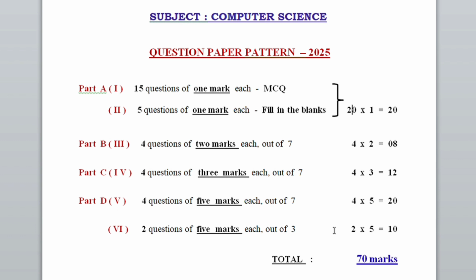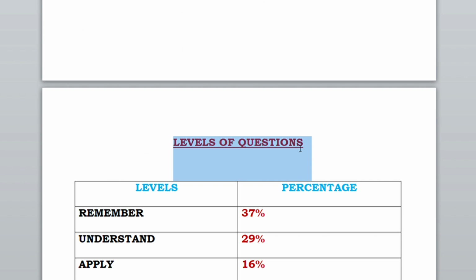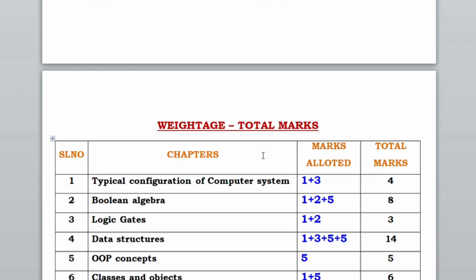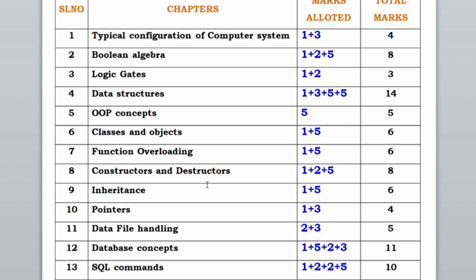We need to concentrate on 3 things. One is the question paper pattern. The second, the levels of questions. And the third, the weightage of the chapters, that is the total marks for each and every chapter.